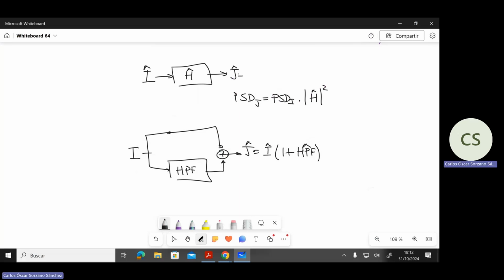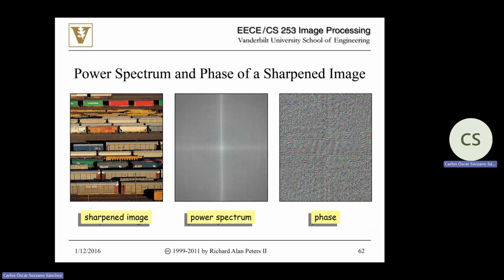So the shape of this filter will be 1 plus something. This is omega, and it starts at 1, and then it is boosting the high frequencies. This is what the high pass filter does. We are not losing anything, and we are boosting the high frequencies.